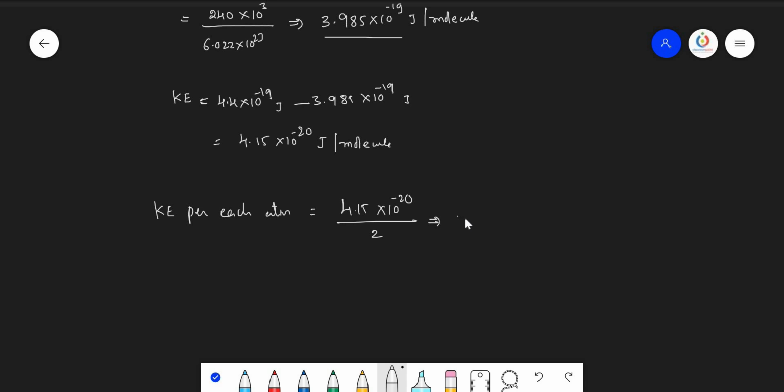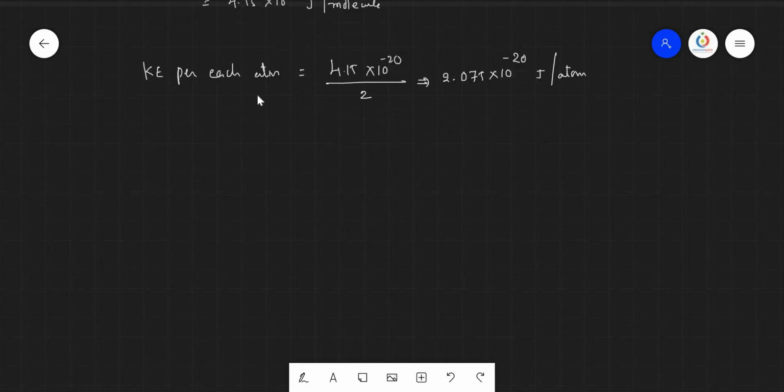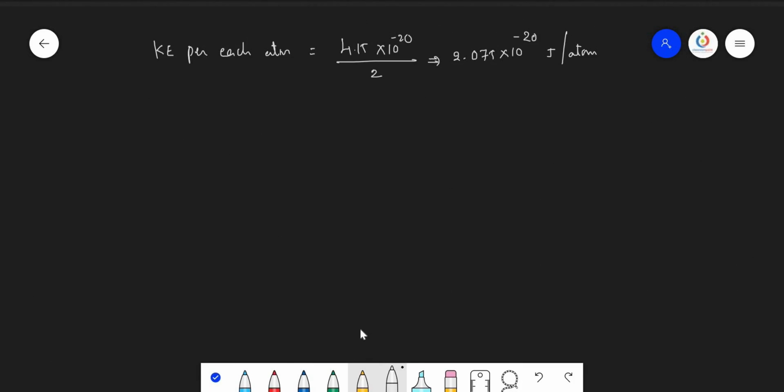So we get the answer 2.075 into 10 power minus 20 joules per atom. This is the kinetic energy of each iodine atom. Now let us discuss the photoelectric effect.